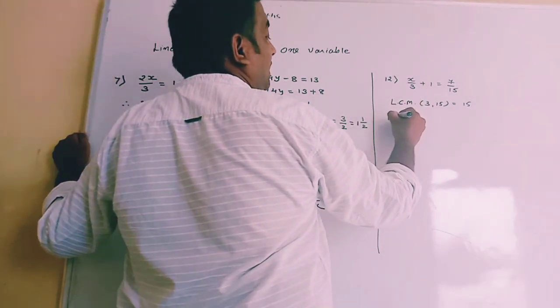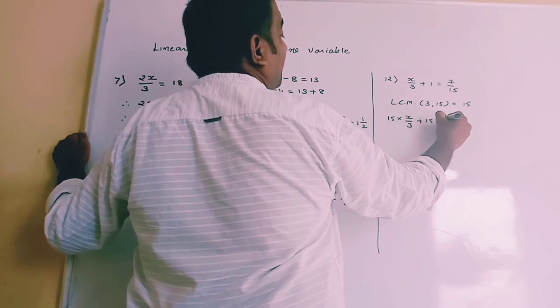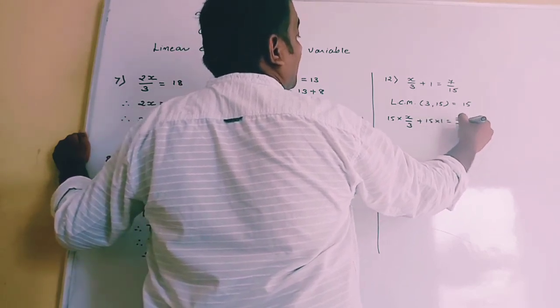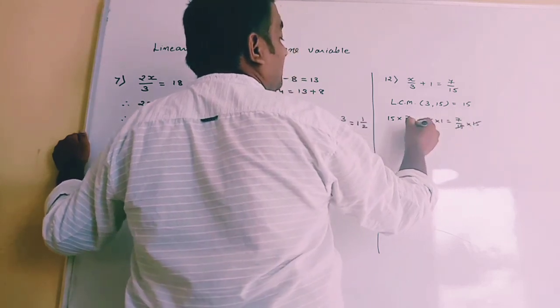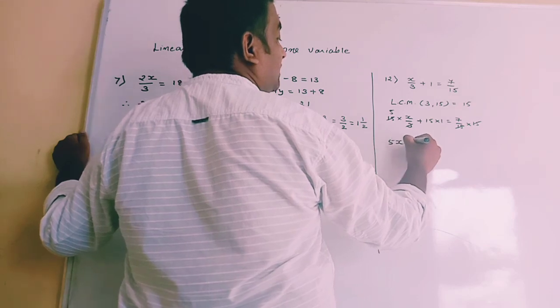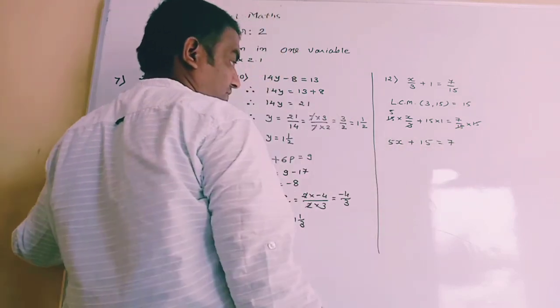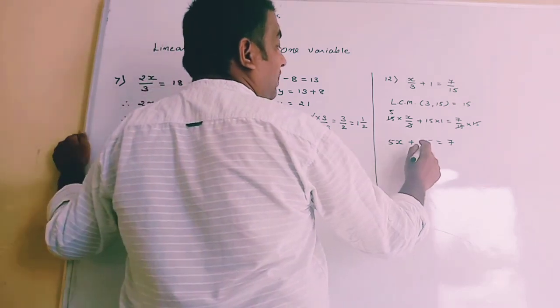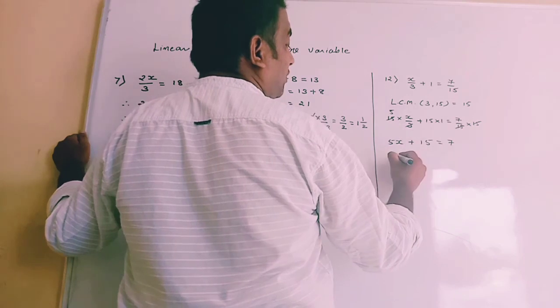So 15 multiply x by 3 plus 15 multiply 1 equals 7 by 15 multiply 15. So 15 cancel, 3 5s are 15. So 5 into x, 5x plus 15 equals 7. Now 15 will transfer from the left hand side to the right hand side. So plus will convert into minus.